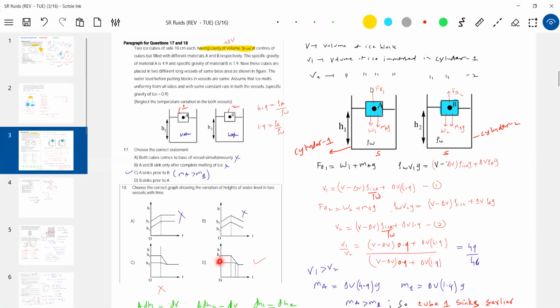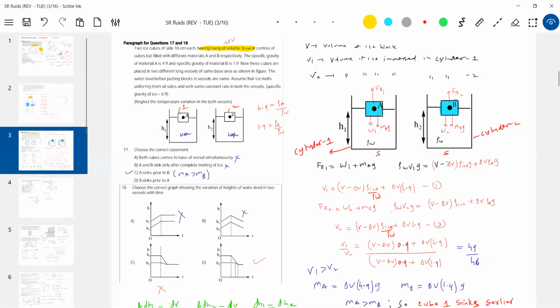In the graph, why H1 is greater than H2, I can put it, no? Because more volume immersed means the weight of displaced liquid will be more. So definitely the level of water in cylinder 1 should be more than the level of water in cylinder 2. That's the reason why the graphs are taken like this. If anybody asks why H1 is greater than H2, what should I reply? So that's why I made this discussion here.